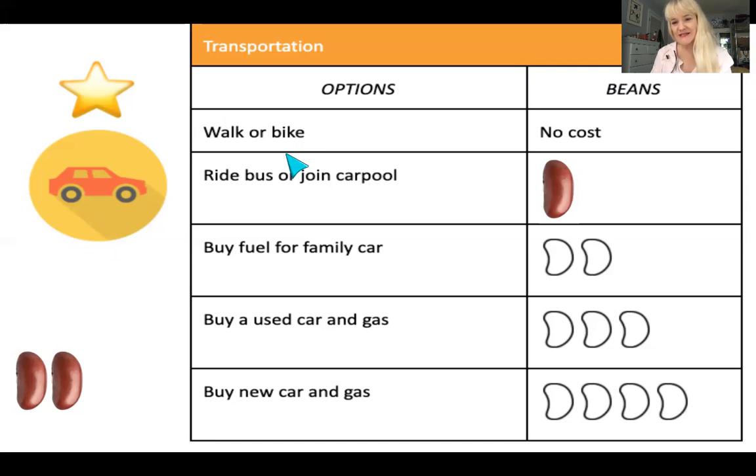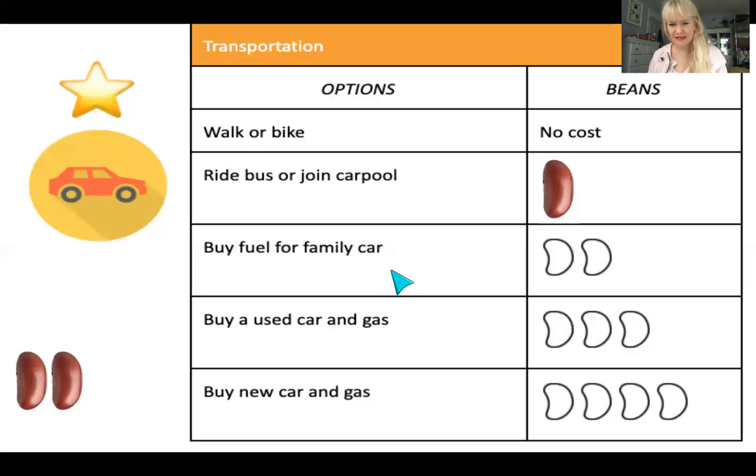The second choice, the cheapest choice, says ride the bus or join a carpool. That means I would ride to work with friends. So that's a cheaper choice. That only costs 1 bean. That's the one I chose. The next option says buy fuel for the family car. So someone in your family has a car, and so you're just going to help to buy gas for that car.